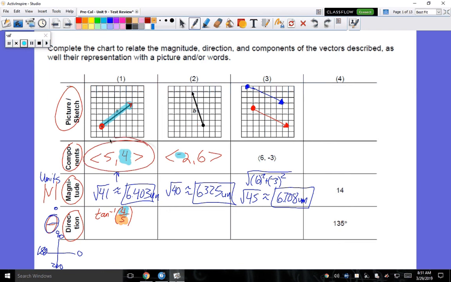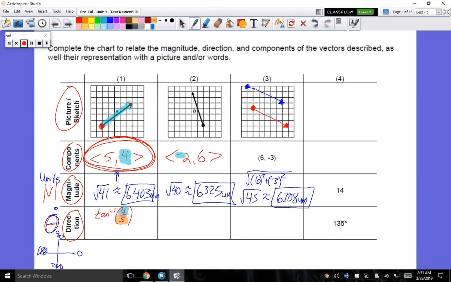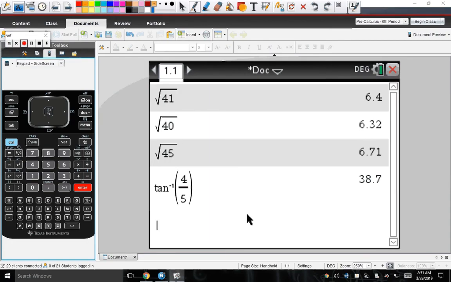Right here, there is a rule that we have to remember. Depending upon what quadrant our components represent, that will tell us what we're going to do with this angle that we got here in the calculator. Okay, so if I told you 5, 4, written as a component vector, and I asked you what quadrant this would be? Well, if you started at the origin and traveled positive 5 and up 4, then it's shooting out into quadrant 1.